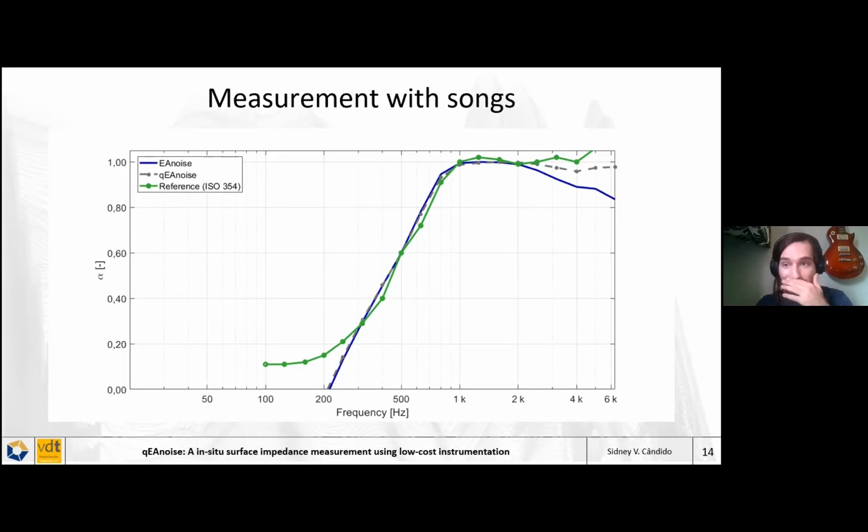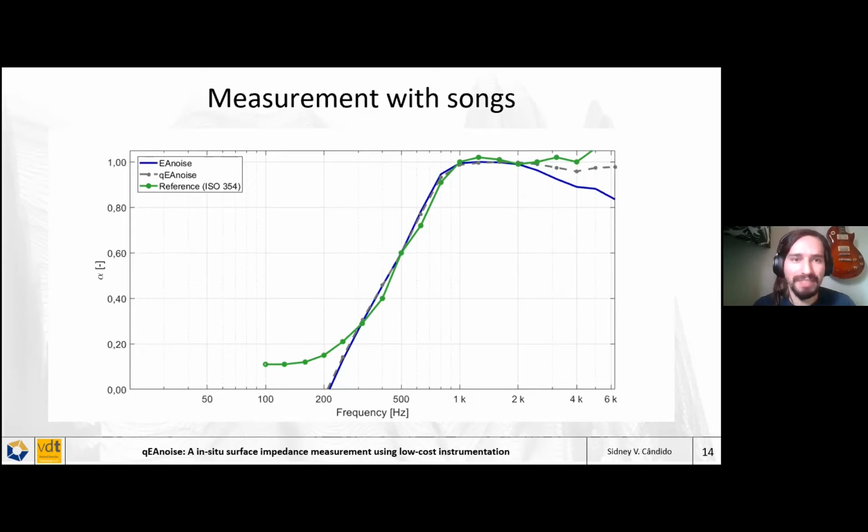It's not very effective; it depends a lot on the energy spectrum of the song. But as you can see, for 300 to 2K, it worked just well, and that's maybe all you need. And if you want to improve the measurement with songs, put sweeps on.